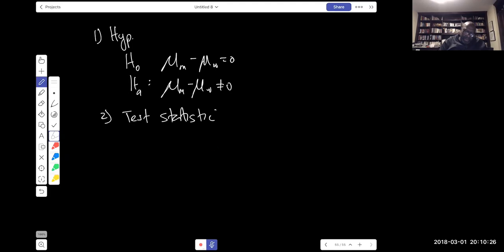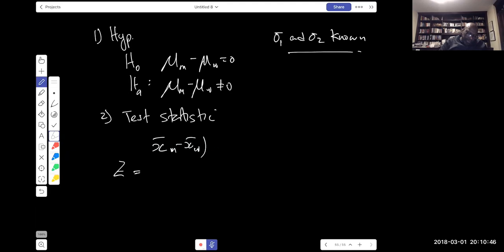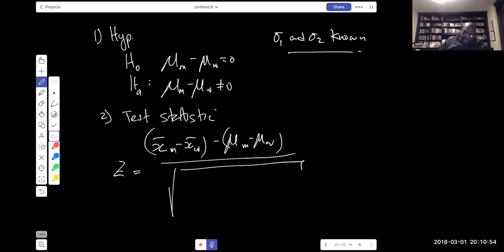Because sigma 1 and sigma 2 are known, then Z is equal to, remember, sample point estimate, so X bar, we have to keep it in the same order, X bar M minus X bar W, minus mu M minus mu W, divided by the standard error, square root of sigma M squared over NM plus sigma W squared over NW. So that is the test statistic that we will use.